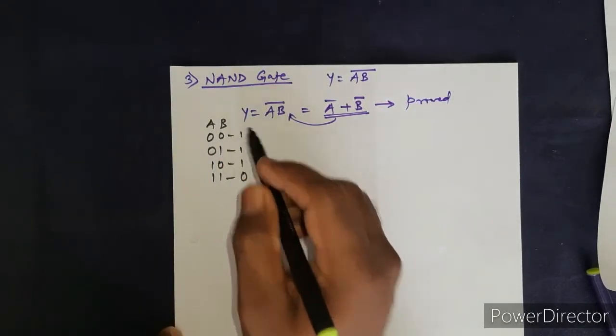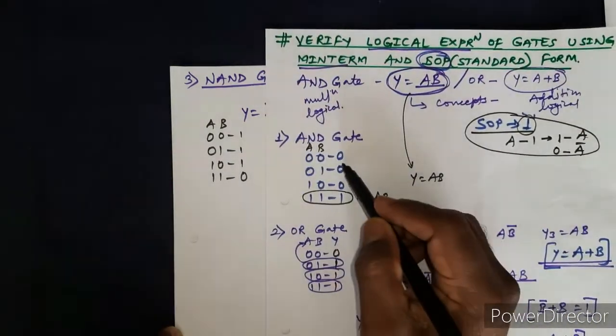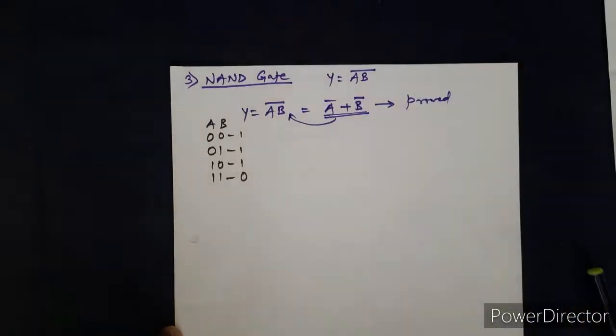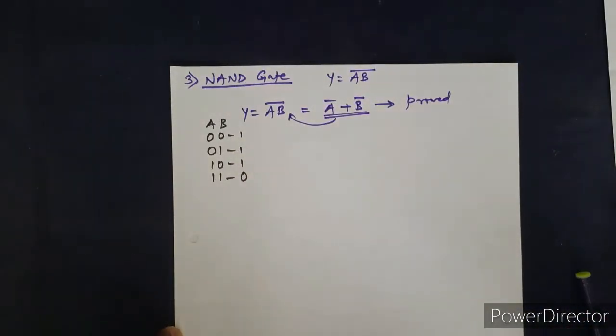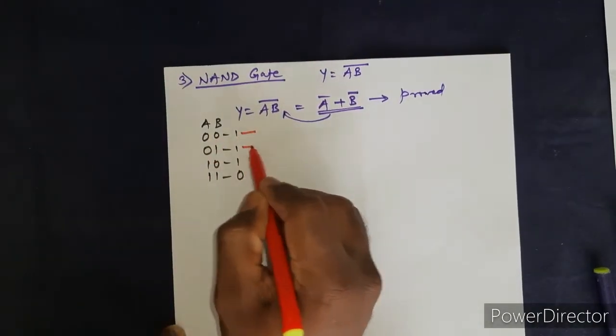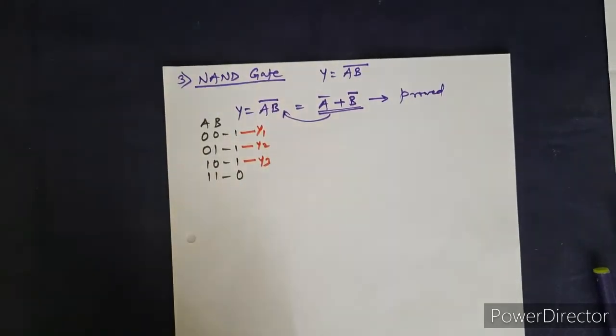Because for AND gate you can see we have 0 0 0 and 1, so it is opposite. Now here we have to refer for these three inputs, right? So 1 2 3, we have y1, y2, y3.